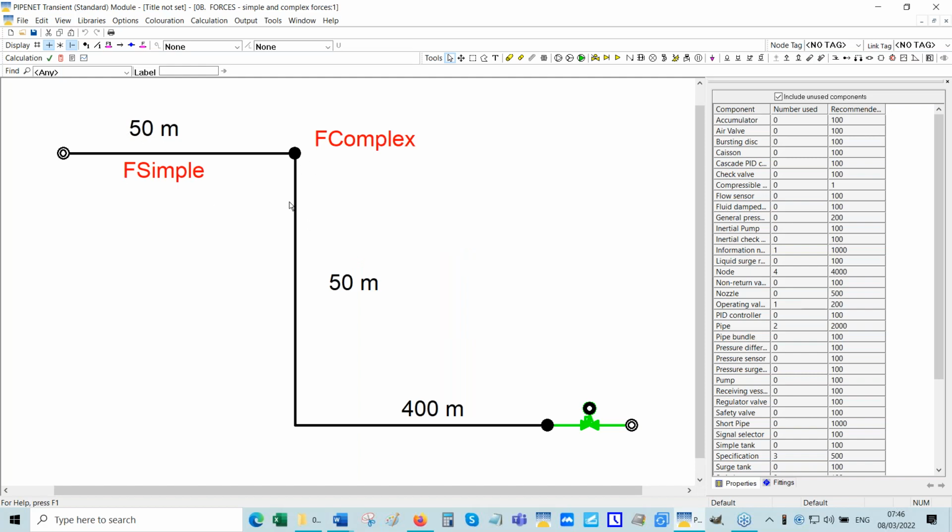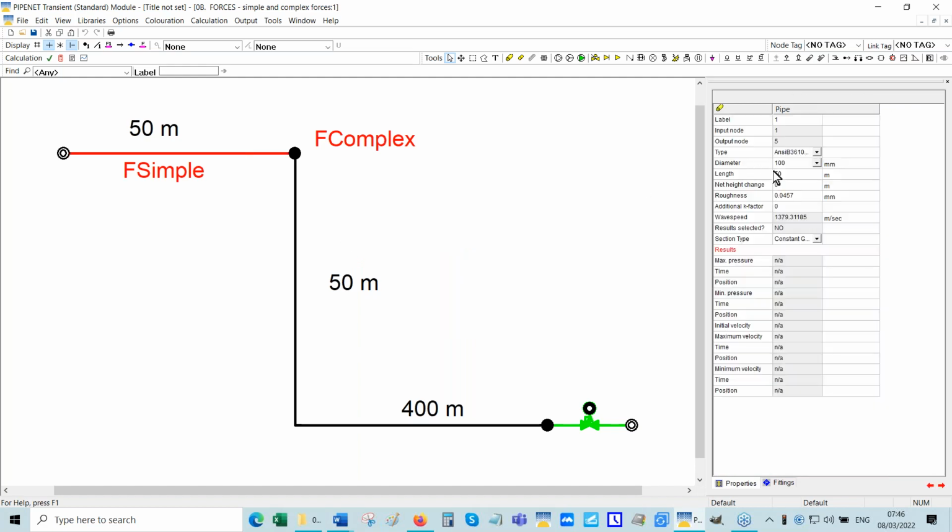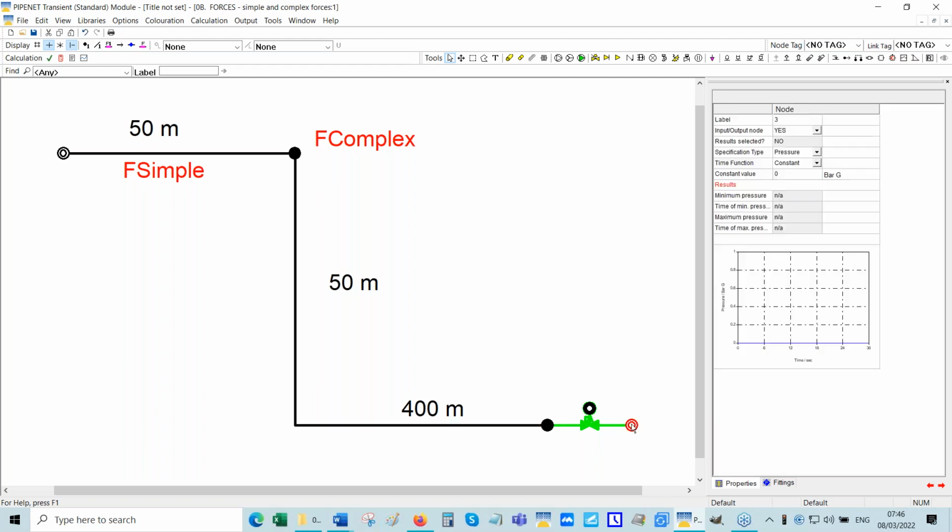That's 50 meters, another 50 meters, 400 meters. The diameter is not actually that important. I believe it's 100 all the way through. The pressure here is 0. The pressure there is 10 bar gauge, because there's no pump or anything, so we need a pressure difference for the flow to happen.